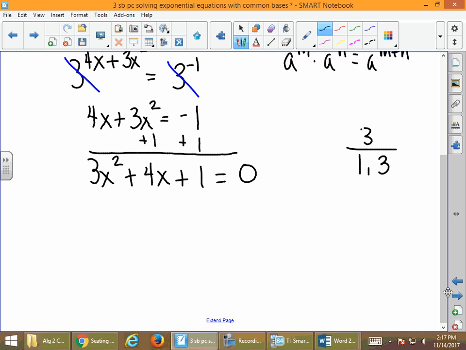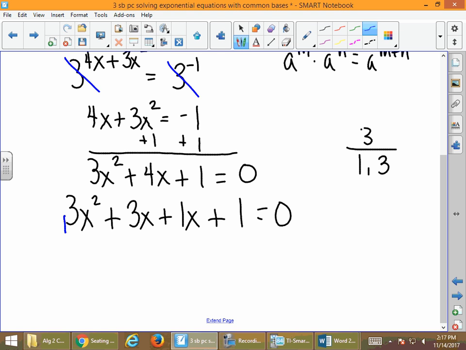So we fill that back in, and we have 3x squared plus 3x plus 1x plus 1. By the way, you could have written the 1x first and the 3x second. It doesn't make any difference. I just thought it might be nice to put the 3's together and the 1's together to factor.